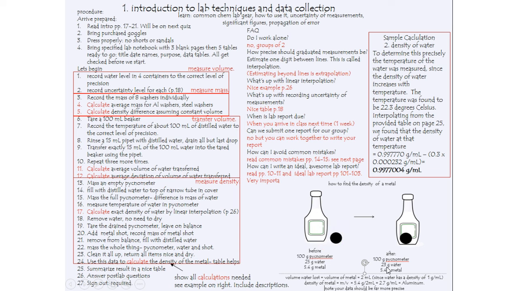That's a difference of 2 grams, 1 gram per mL, 2 mL. The density of the metal is mass divided by volume. Since we have 2 mL and it weighs 5.4 grams, that gives us an unknown metal with a density of 2.7 grams per mL, which is a match for aluminum. Your data, of course, should be far more precise.